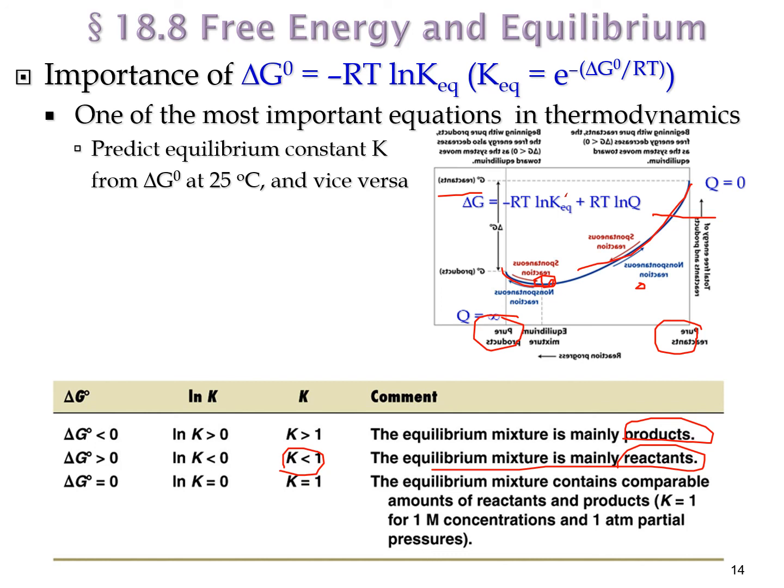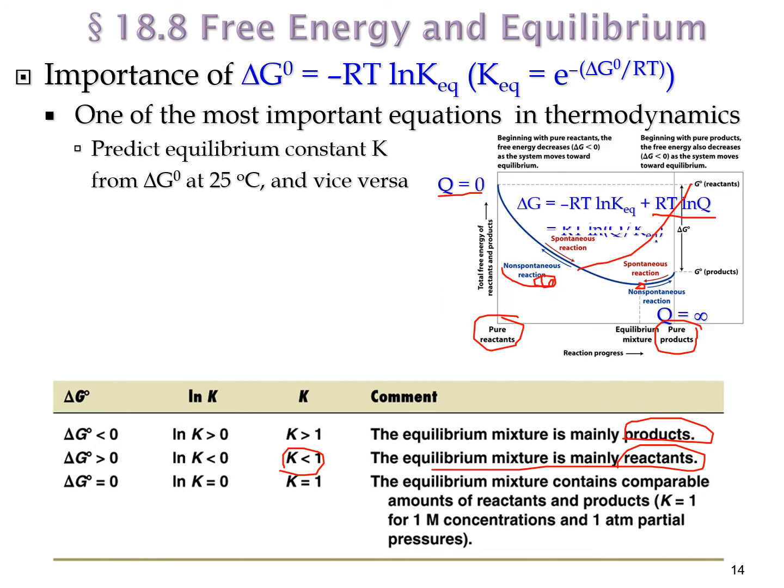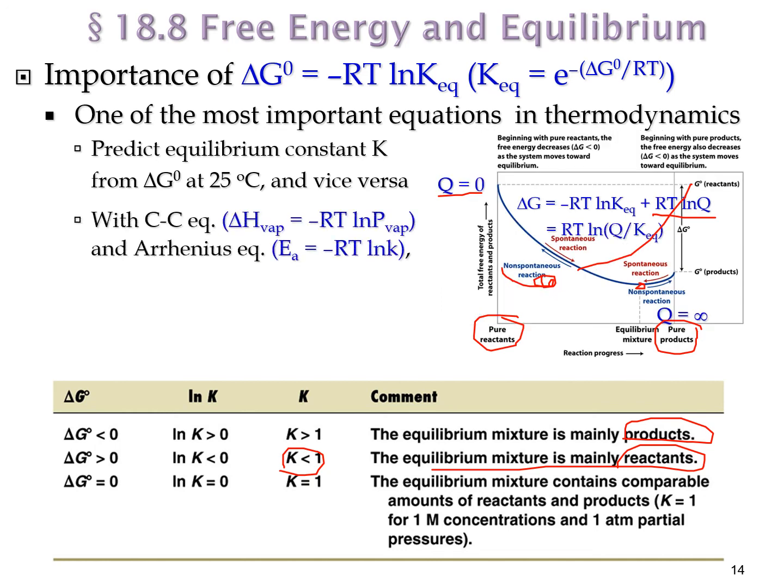So delta G equals negative RT log of K plus RT log of Q, or delta G equals RT log of Q over KEQ. This is the most powerful equation.